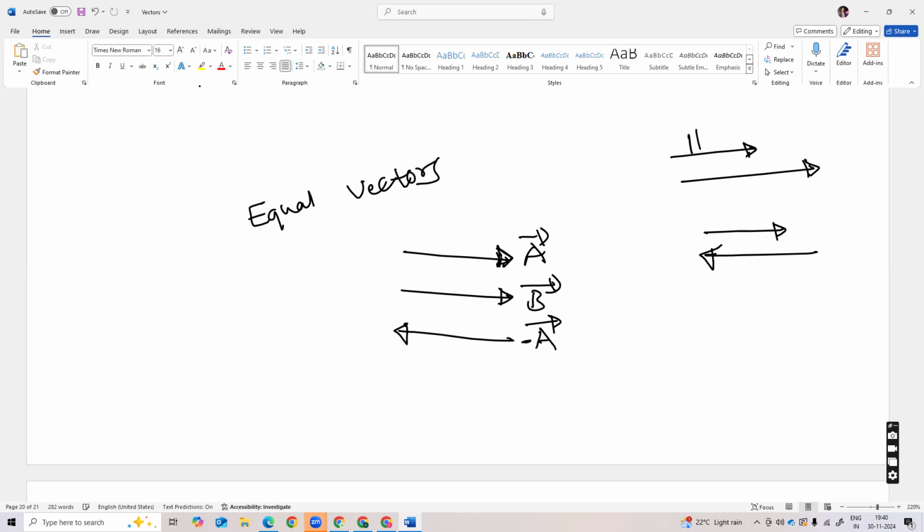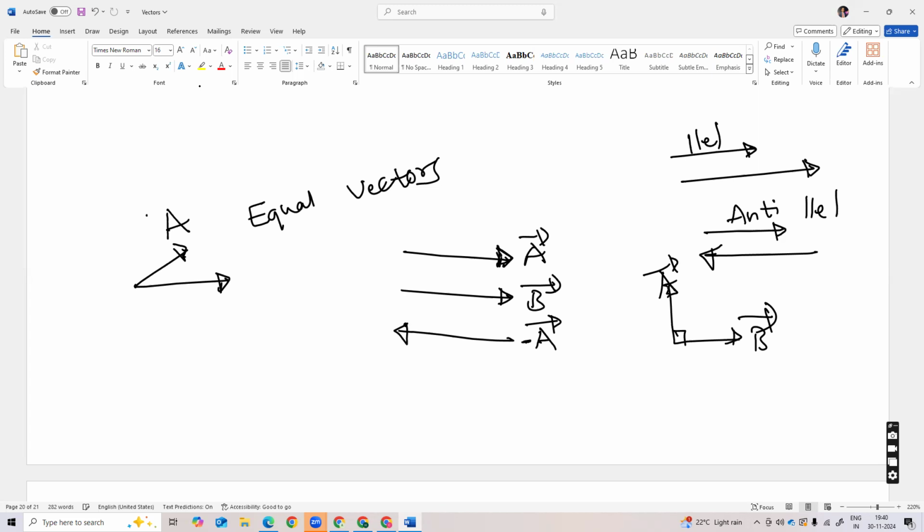So these are parallel and these are anti-parallel. If two vectors are perpendicular to each other, they are called orthogonal vectors. If two vectors have the same initial point, like their tails are matching or starting from the same point, we call them co-initial vectors.